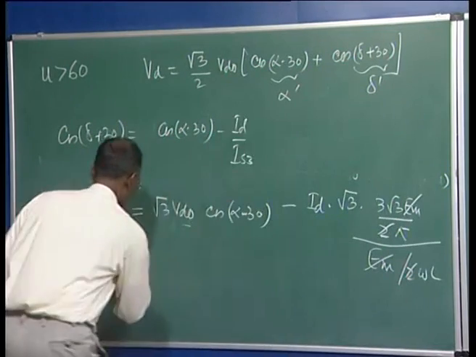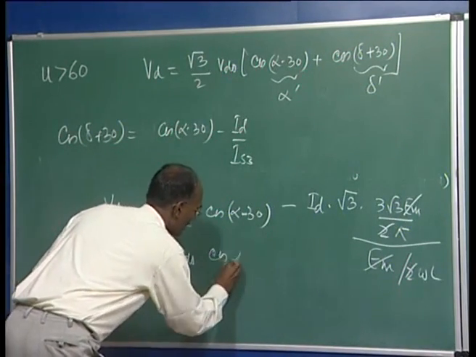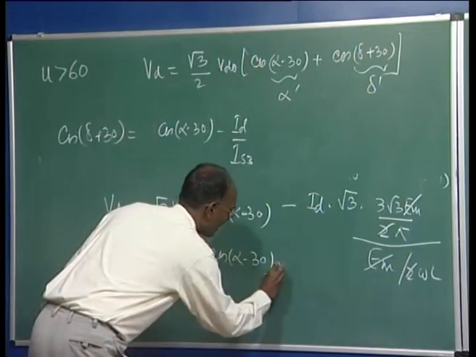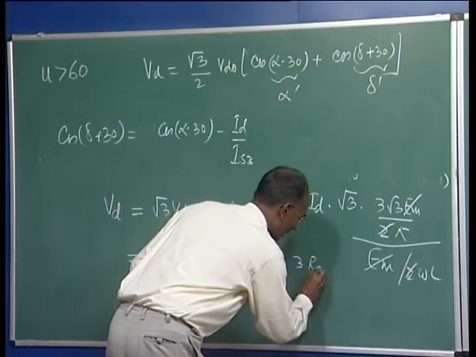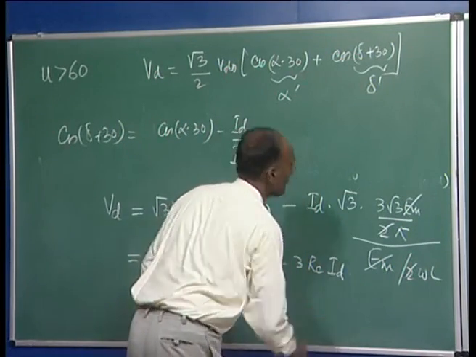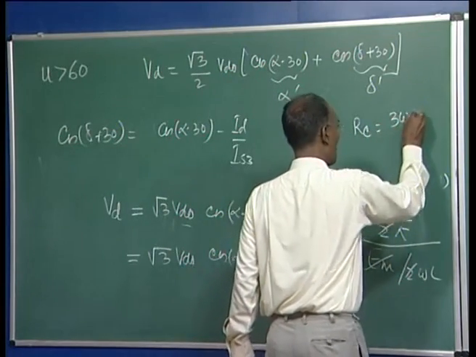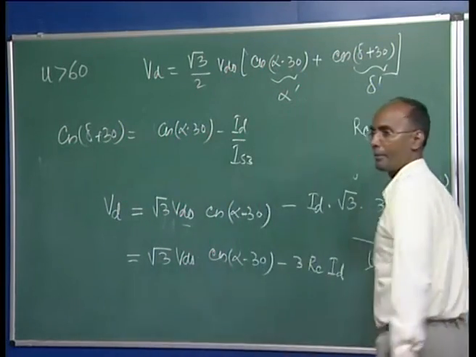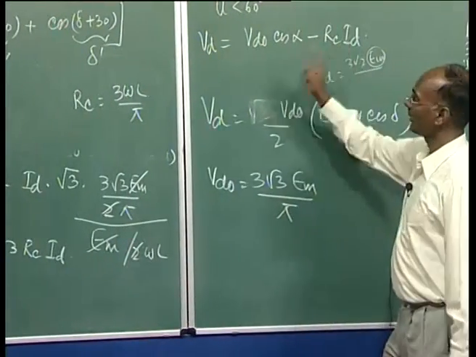So this whole term we can write as root 3 VDO cos alpha minus 30 minus 3 RC ID, where RC is nothing but 3 omega L divided by pi, because in the 2-3 valve conduction mode we defined RC with this value.